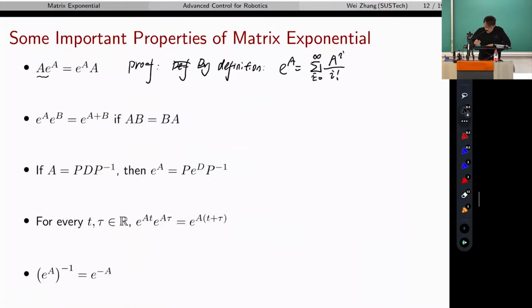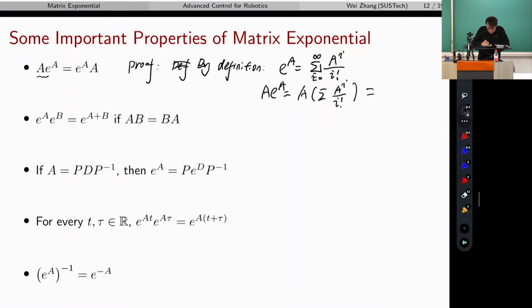And if you multiply from the left, E to the A, versus from the right, you can directly from this, so A times this guy should be equal to, you can move it out, because A times A equals A times A, you can change the order.